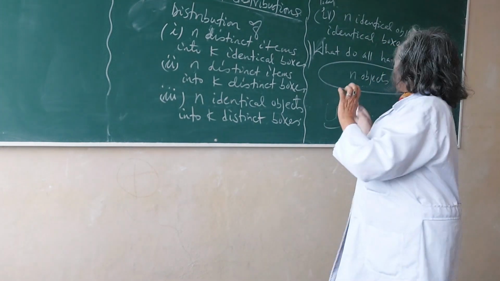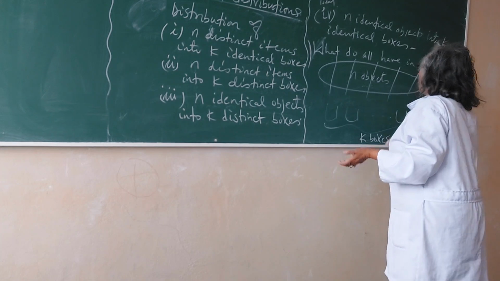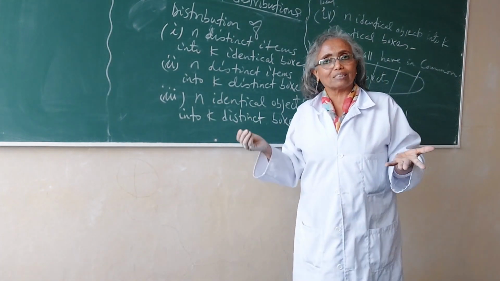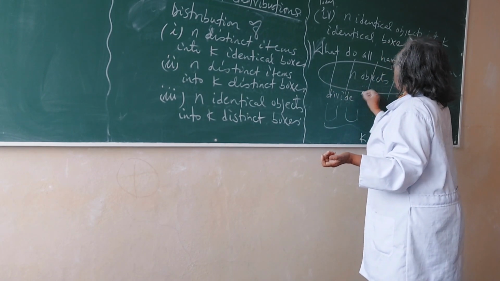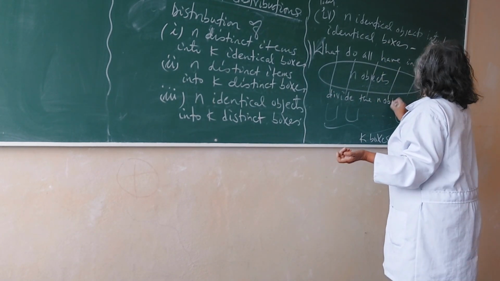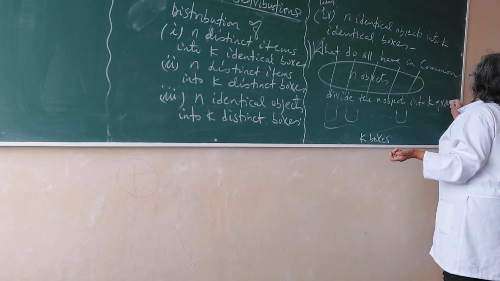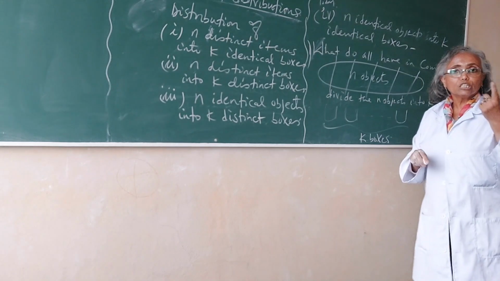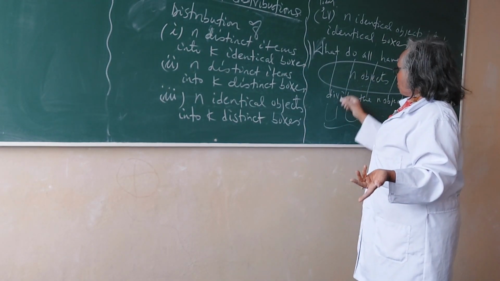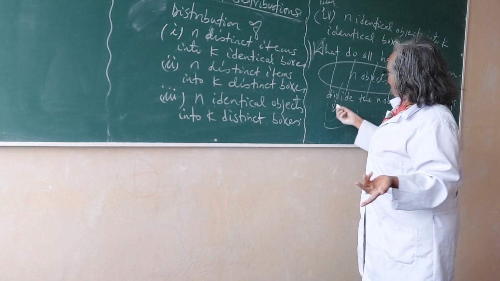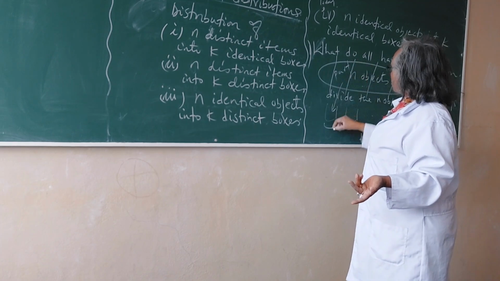Now, we have to divide the n objects into k groups or parts, so that each group goes to a box.